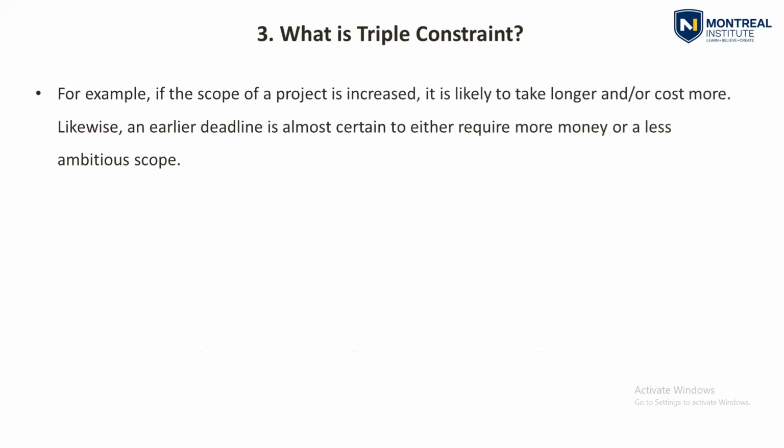For example, if the scope of a project is increased, it is likely to take longer and or cost more. Likewise, an earlier deadline is almost certain to either require more money or a less ambitious scope. So if you want to finish the project on time, you will need more money.